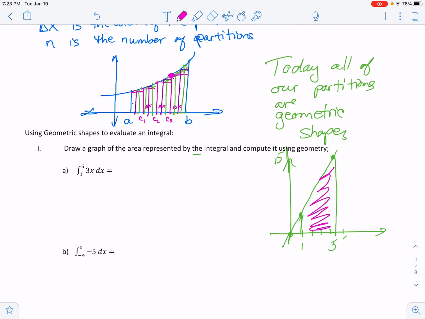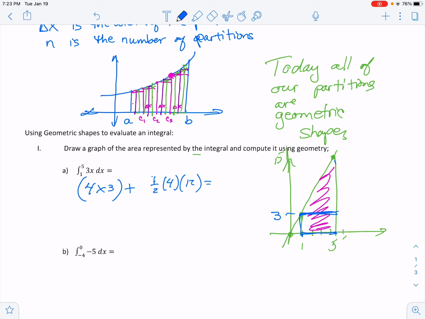Well, I'm going to turn it into a rectangle and a triangle. So if I integrate, my rectangle's 4 wide and 3 high, so 4 times 3. My triangle is 4 wide. Well, what's this? That was at 3. From 3 to 15 is 12. So 1/2 the base, which is 4, times the height, which is 12.